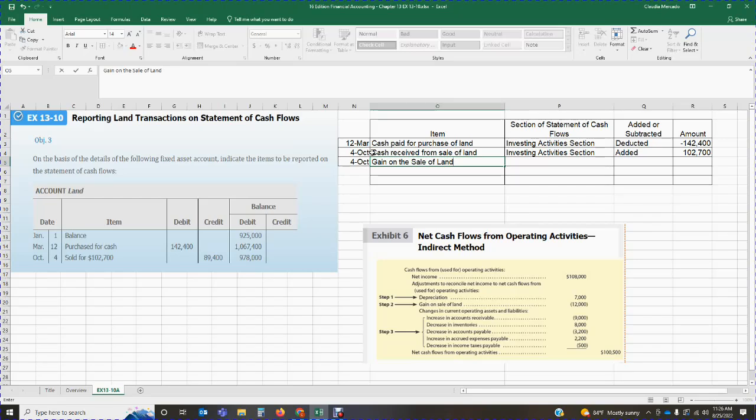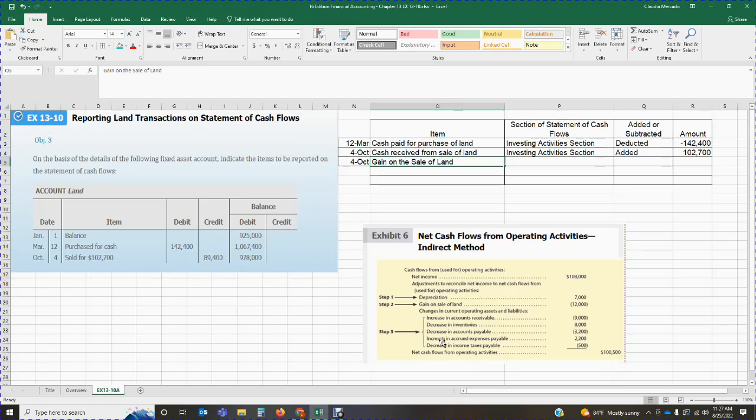If you look, the cash received from the sale, the full amount of $102,700, was already recorded under the investing activities section. We did have a gain that we need to recognize, because we did sell it for more than what we had it in our books.